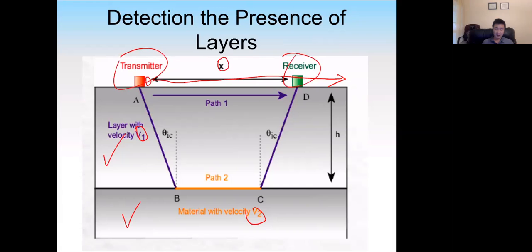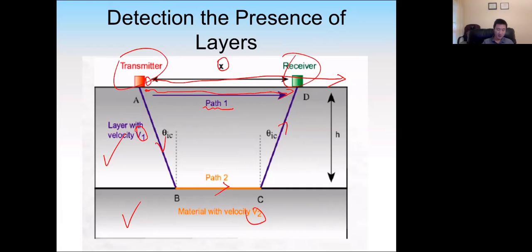Another is the time between the transmitter sending the signal and the receiver receiving it. There are two paths here. Path 1 is the easy path, the direct distance from transmitter to receiver. And another path is here.